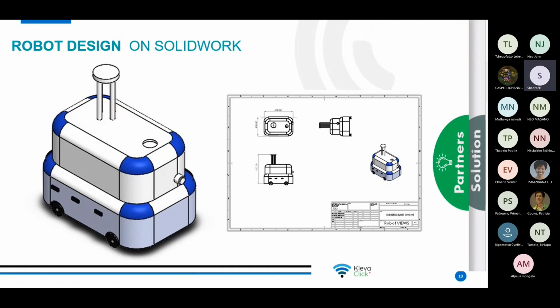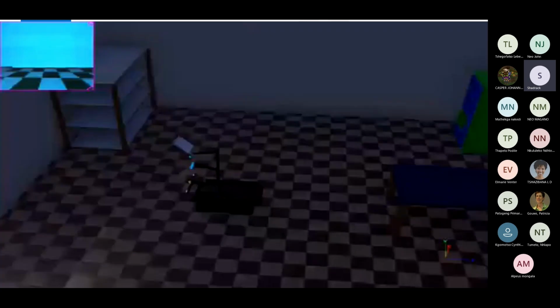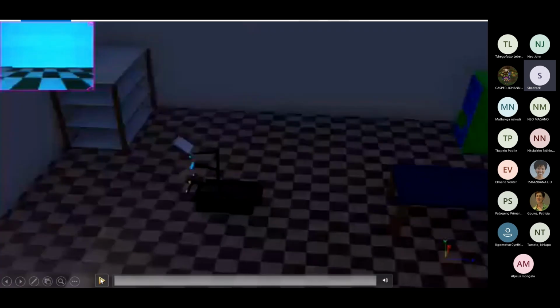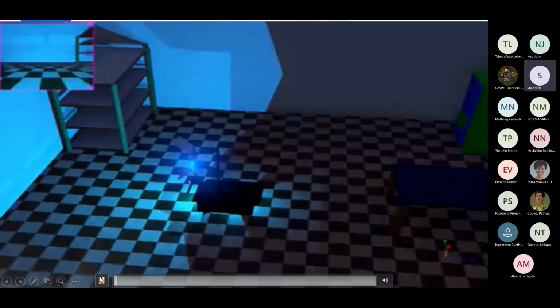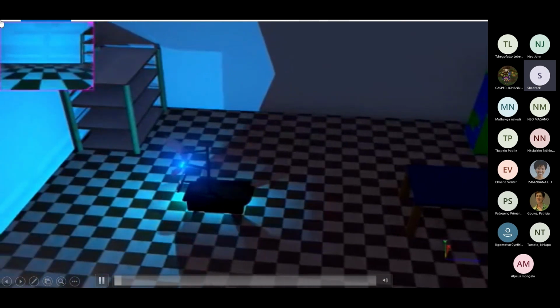This was a SolidWorks design, because we wanted to have a picture of how this robot could look and simulate it. The first video that I'm going to show you is a simulation model. I don't know if we can really see this one.